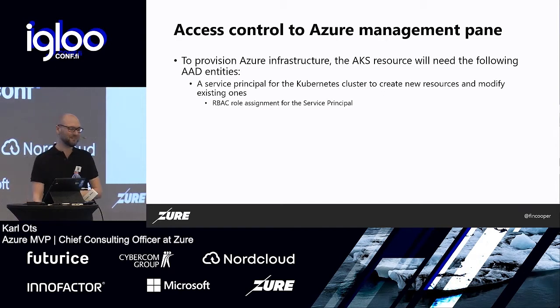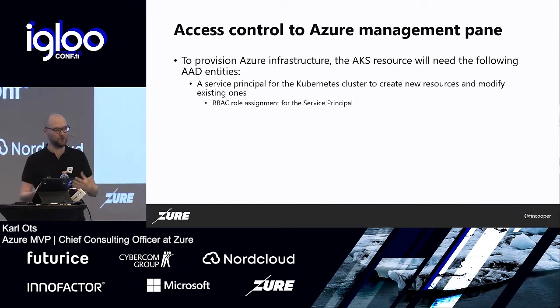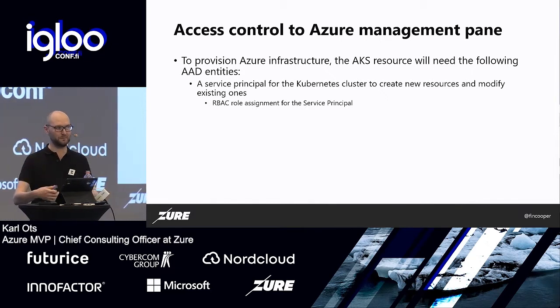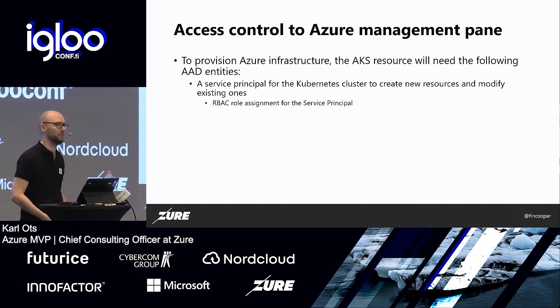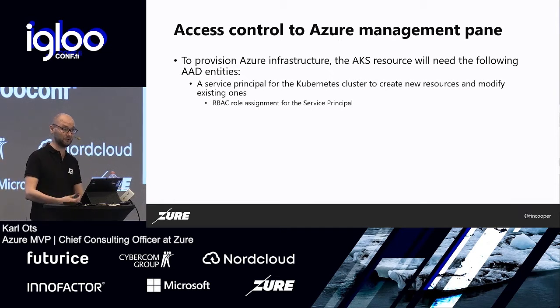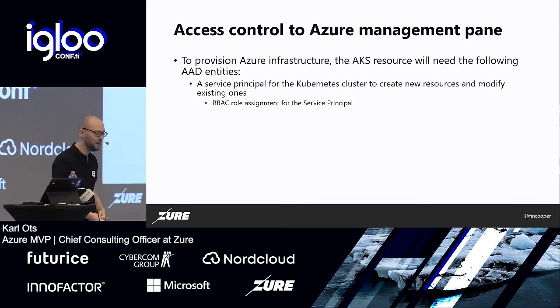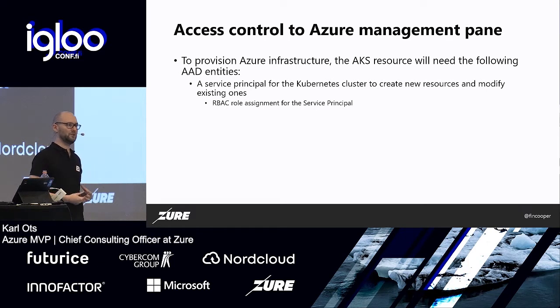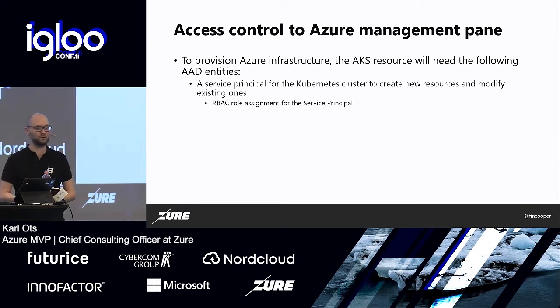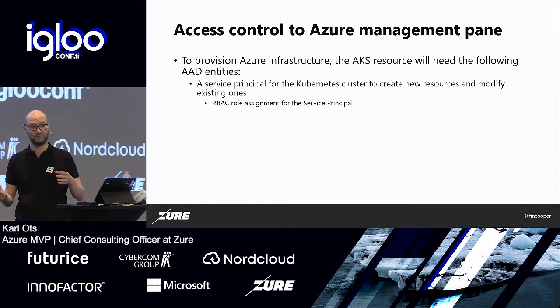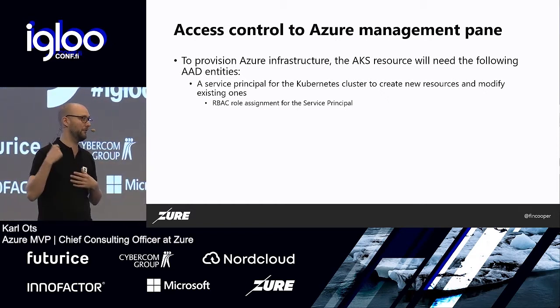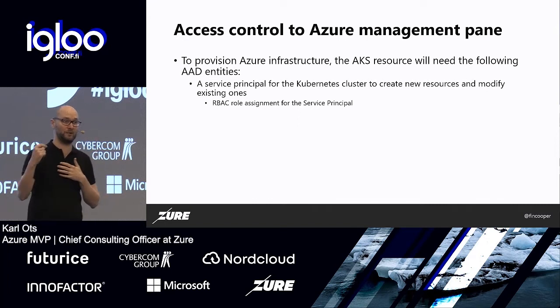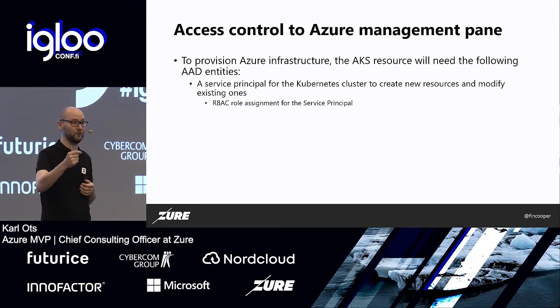All right, so let's start talking about how we access the management plane. How does the Azure architect access this Azure Kubernetes Service from an Azure role-based access control point of view? To provision all of those virtual machines, Azure needs to store some credentials that are powerful enough that they can create those virtual machines.